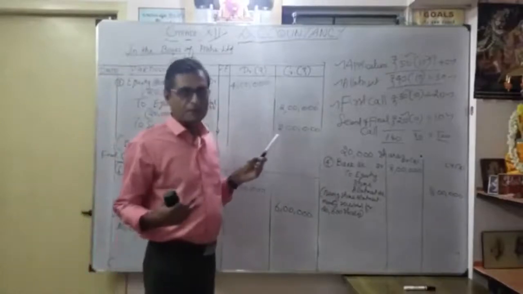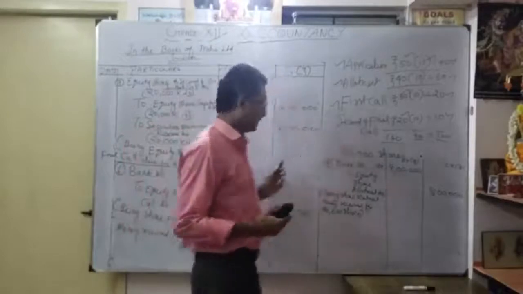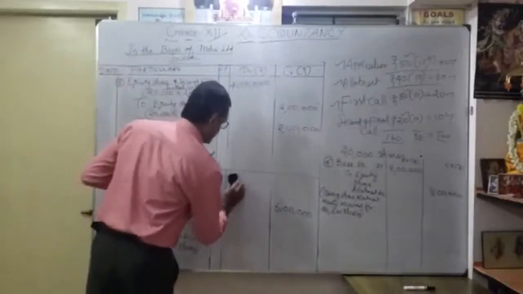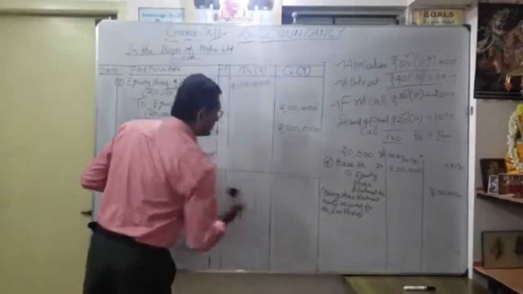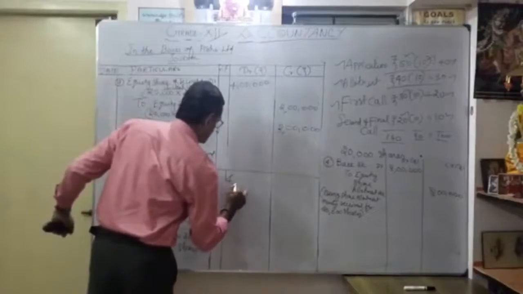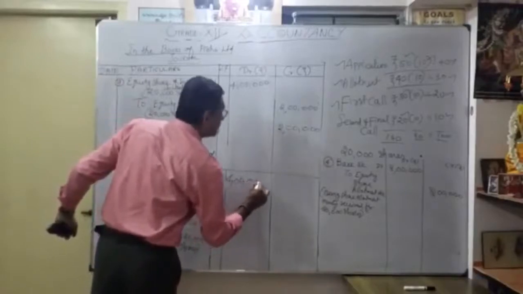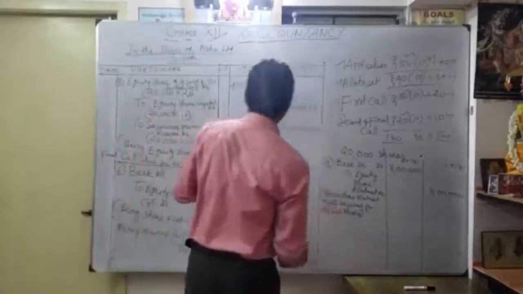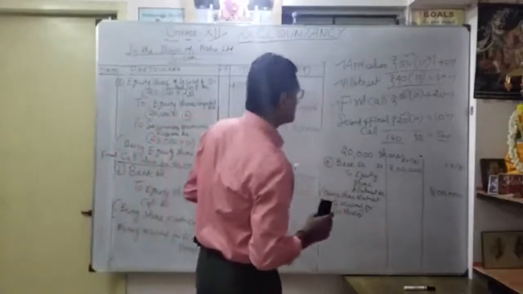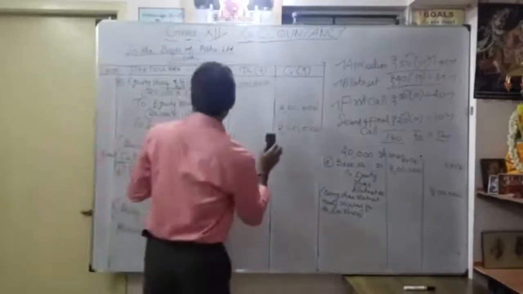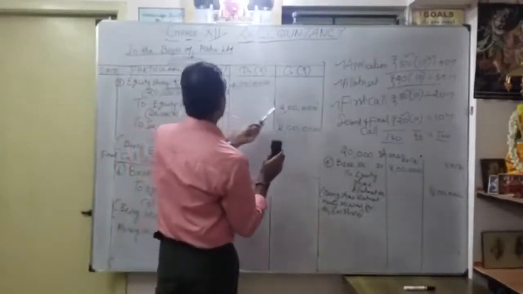Now you got the money for our second and final call. So simple. What is the entry here? Bank account debit 4 lakhs. How much? 4 lakhs, the second call at 20 rupees, 20,000 into 20.